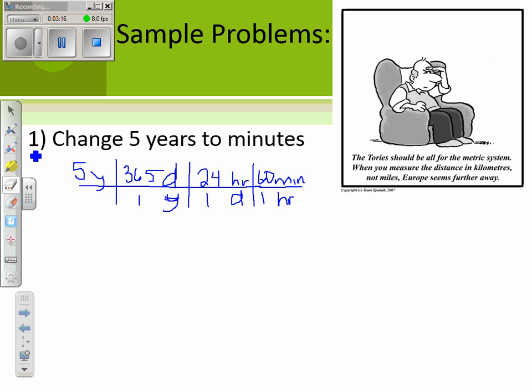That allows me to cancel the years there and there, the days cancel out there and there, and the hours cancel out there and there. Then I just multiply those together, and I end up with 2.63 times 10 to the 6th minutes.